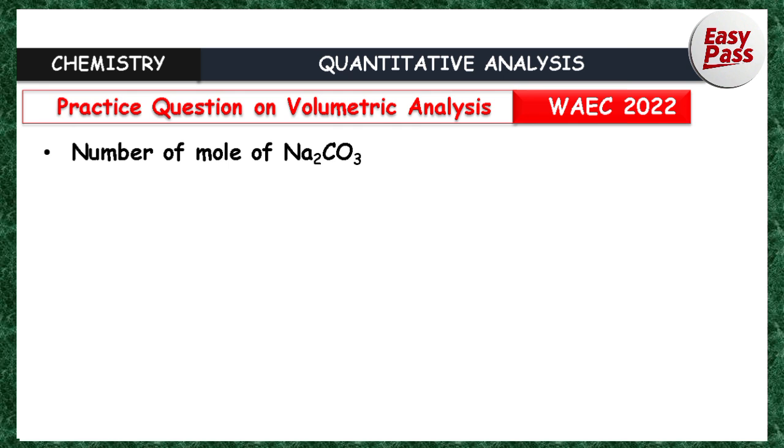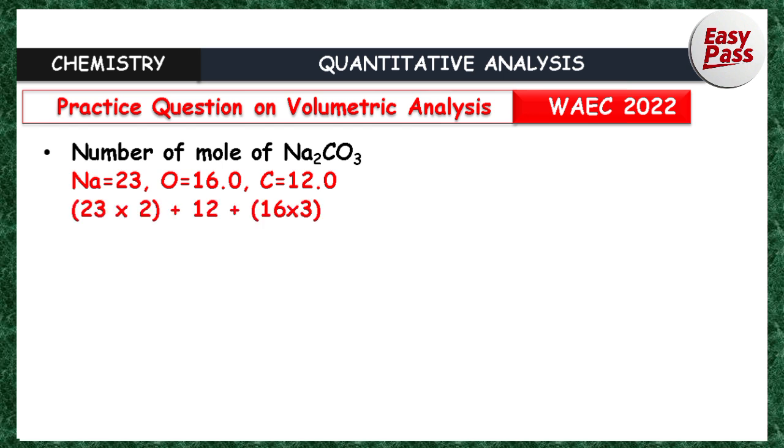The first thing to do is to calculate the molar mass of sodium carbonate. Na is 23, C is 12, and O is 16, according to the question. So we have 23 times 2, plus 12, plus 16 times 3.